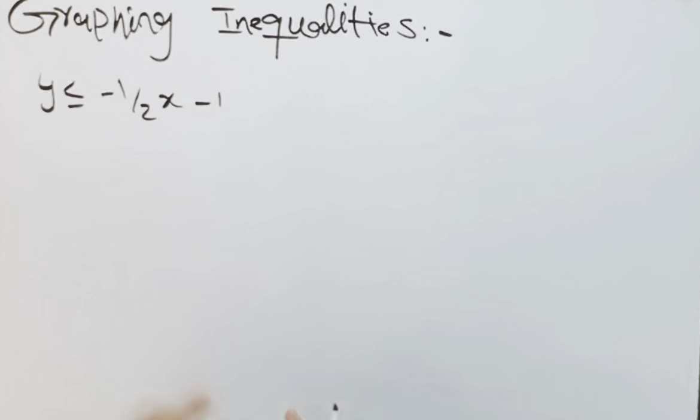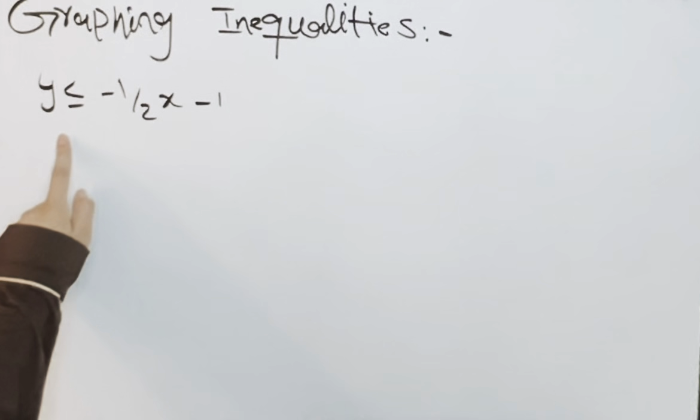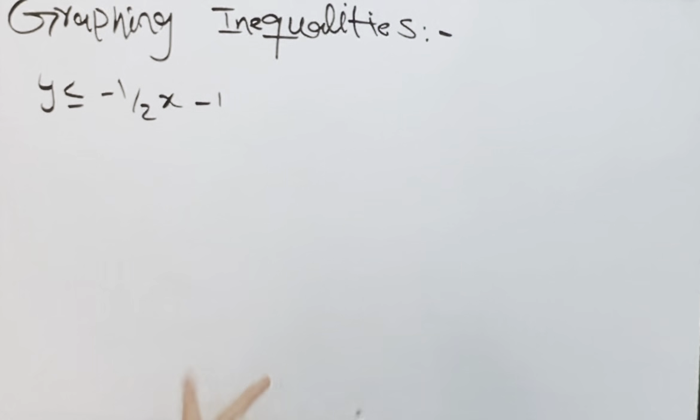Because if this inequality is telling me that the y values should be less than or equal to this whole equation, we should know that something is going to be different. The values of y are going to be different.